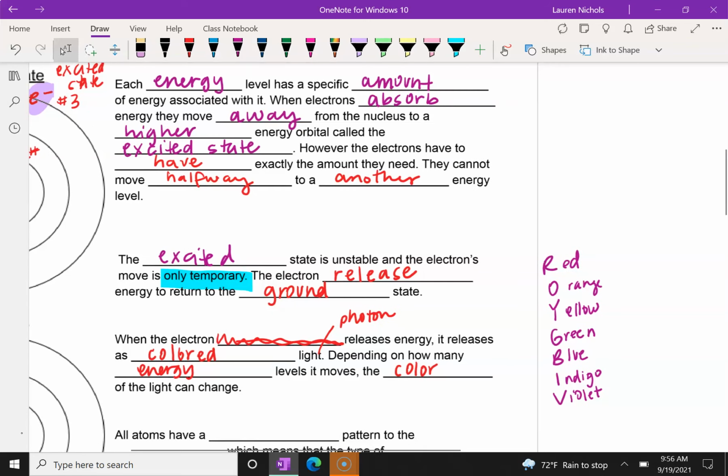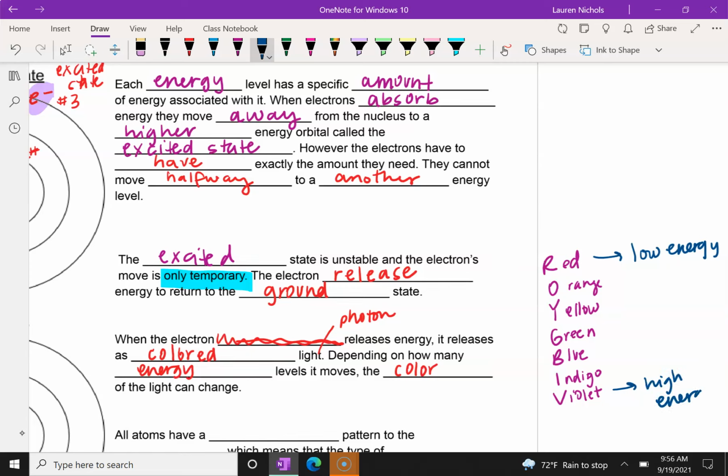Hopefully, when you've seen fire, like a campfire, for example, it can have red and orange and yellow. You might see blue or white, okay? And each color represents a different amount of energy. So red light has low energy compared to down here. So this would be high energy.